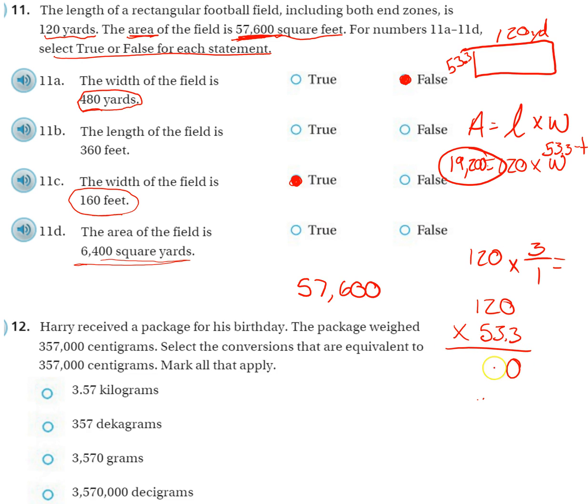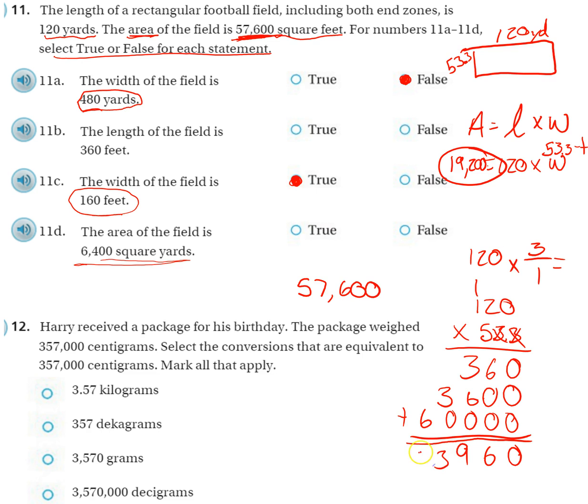It's going to be 0, 6, 3. Done with the 3. 0, 6, 3. Done with that 3. 0, 10, 6. Add it all up. And move my decimal over 1. So 6,000. Yeah, so that is an error as well.